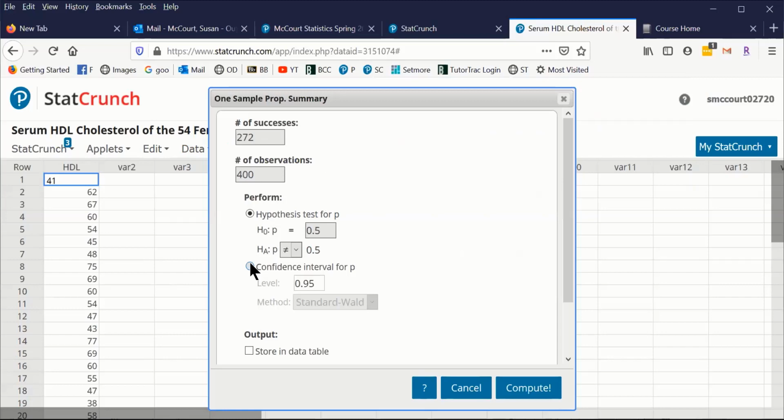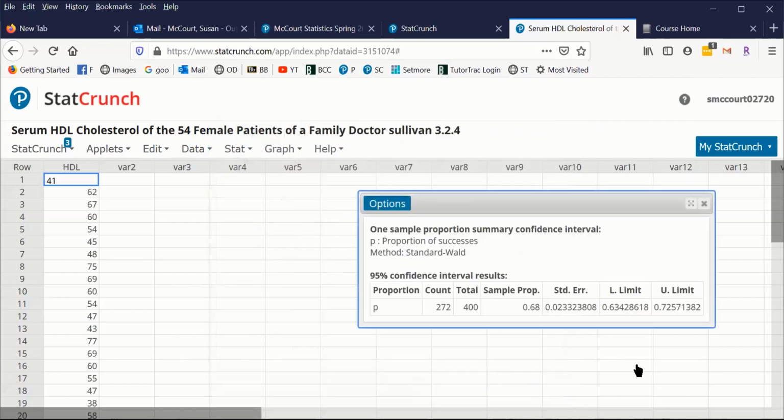And we want a 95% confidence interval, and compute. So our confidence interval would be 0.634 and 0.726. Any questions? Notice it also calculates p hat for you. So if you want to use StatCrunch to calculate p hat, it'll do that for you too.